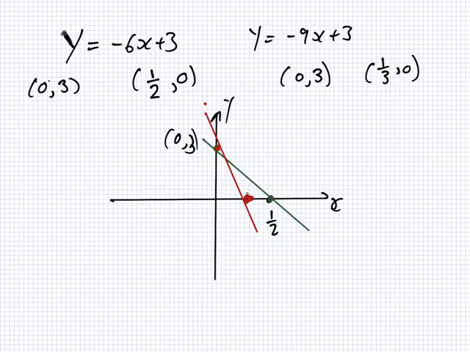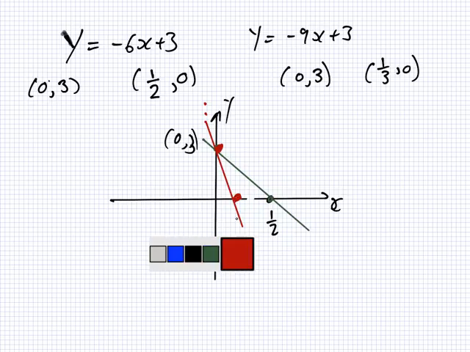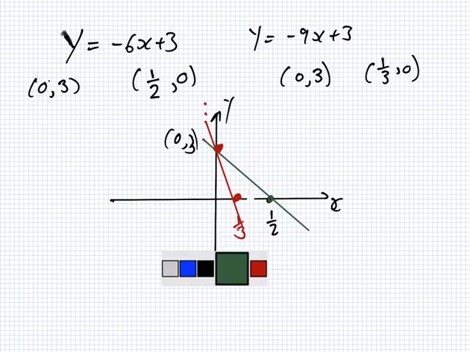Close enough. Well, you know what I'm trying to do. And there we go, 1/3. So I got lucky with that one. Thank you for picking that one. It was an easy graph to do. They meet at (0, 3).